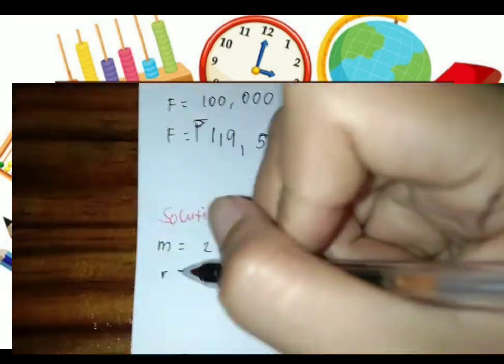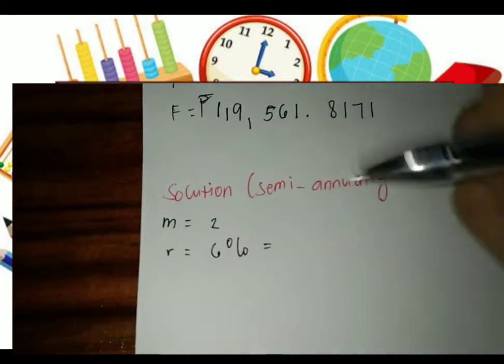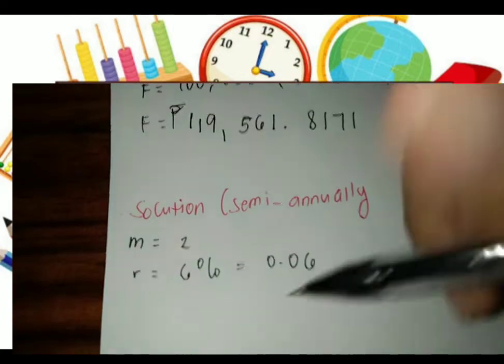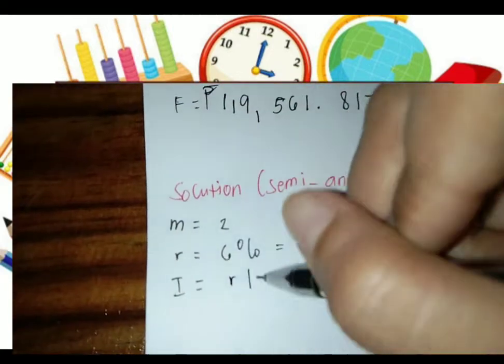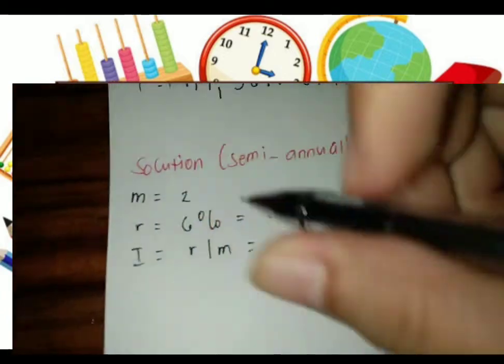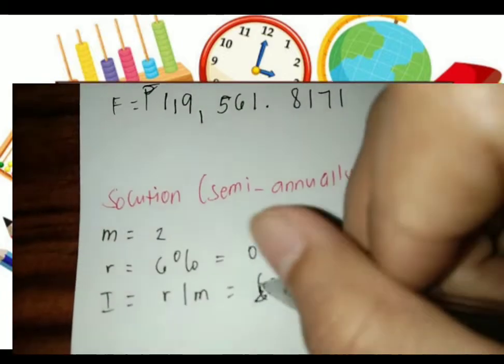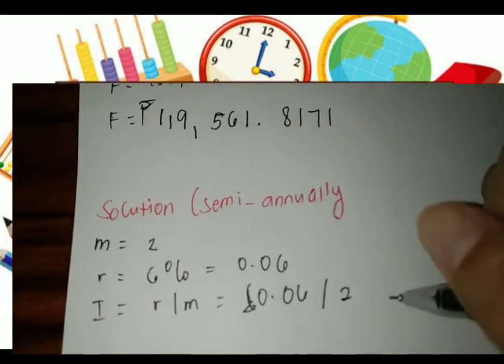Our R is 6%, and we transfer it into decimal, so 0.06. Our I is R divided by M. Our R is 0.06 divided by 2, because that is our M. So the answer is 0.03.